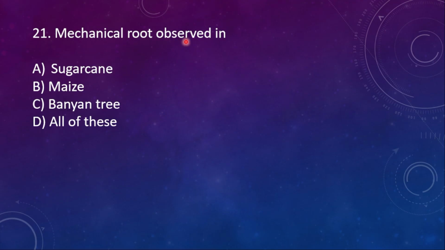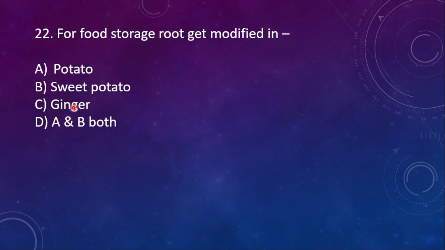21. Mechanical support roots are observed in option A, sugarcane, option B, maize, C, banyan tree, D, all of these. Here the option D is correct. 22. For food storage, root gets modified in option A, potato, option B, sweet potato, option C, ginger, option D, A and B both.